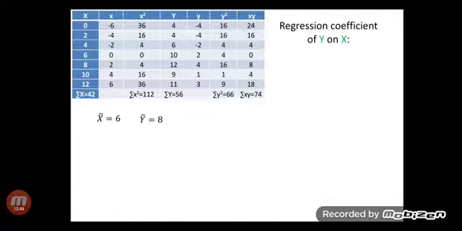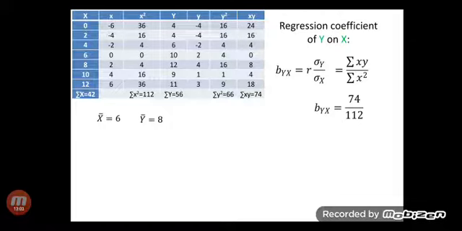Now the regression coefficient of y on x is byx is equal to r into sigma y by sigma x, and that is equal to summation xy by summation x square. Now we put the value of summation xy as 74 and summation x square is 112.